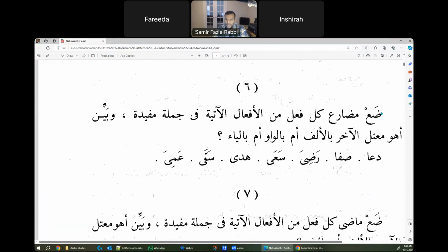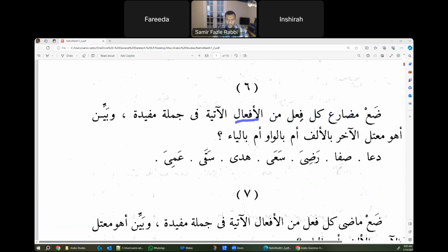So in exercise 6, this one says: ضع مضارع كل فعل من الأفعال الآتية. Place a mudari, a present tense, for every verb from the following verbs.